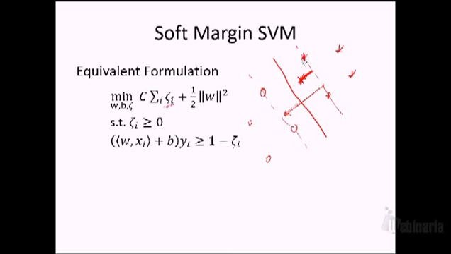Why is that? If zeta i is equal to 0, then the point is either on the margin or on the right side and far from the margin.